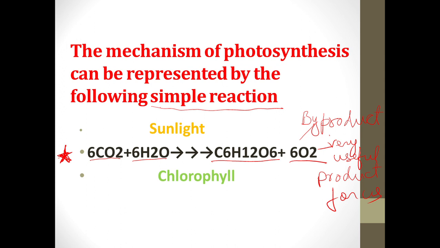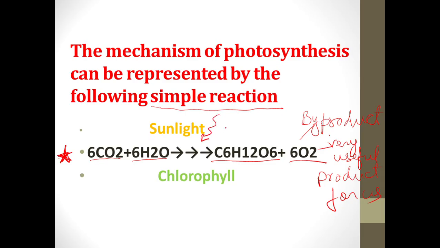Now this is just the balancing: 6 molecules of carbon dioxide and 6 molecules of water are used, and hence they are making 1 molecule of glucose. Means just to make one molecule of glucose, 6 molecules of carbon dioxide and 6 molecules of water are used. Now, this is done in presence of sunlight.